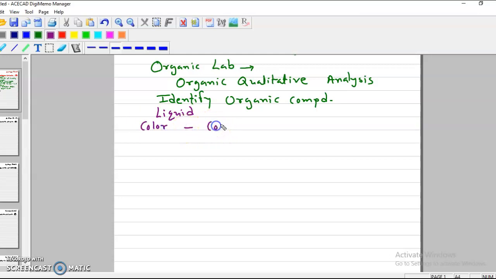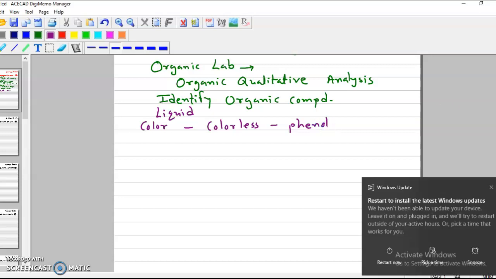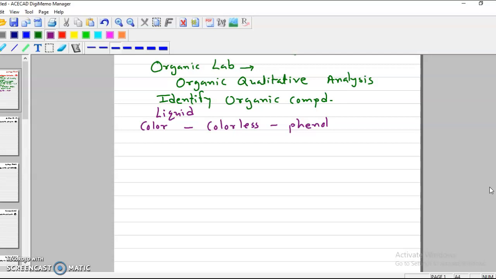If it is colorless, it indicates that phenol, aniline, nitrobenzene, etc. are absent. Why? Because these types of organic liquids are colored and our organic compound is colorless, so the given compound cannot be phenol, aniline, nitrobenzene, etc.